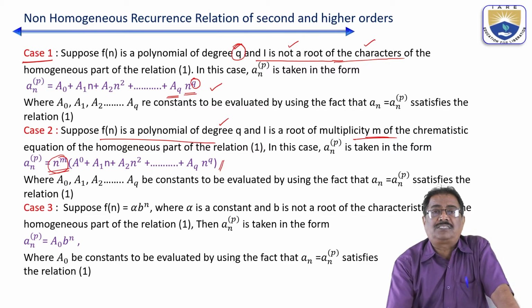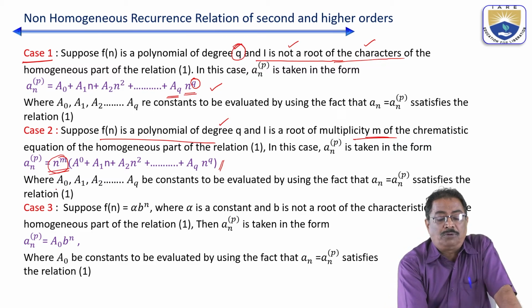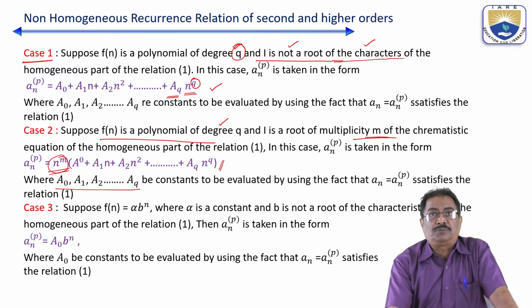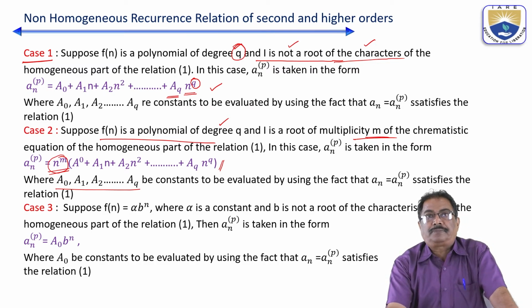Then substitute the whole expression into the equation to find a0, a1, a2 and so on, aq, and substitute them into the assumed particular solution. So this is case 2.